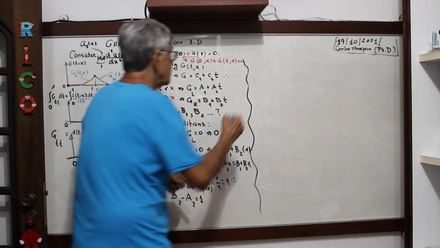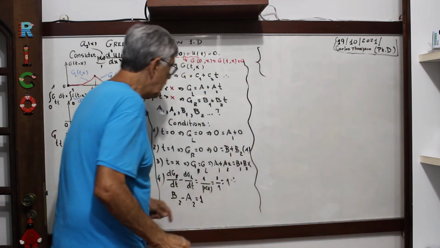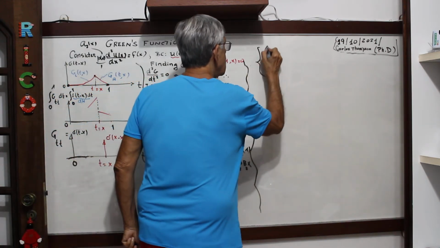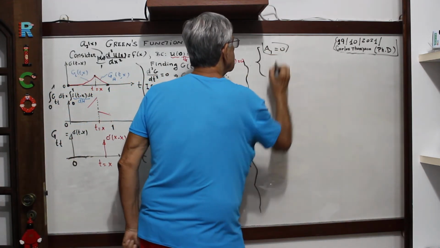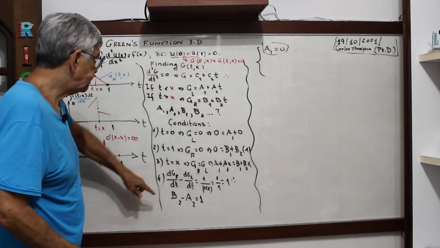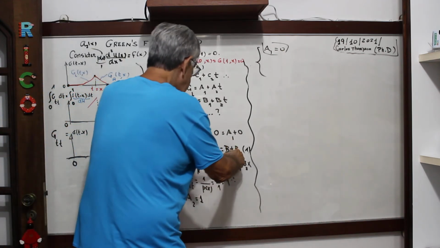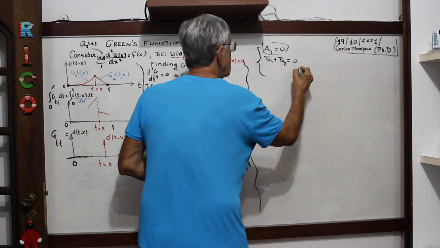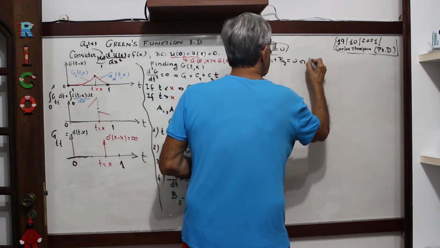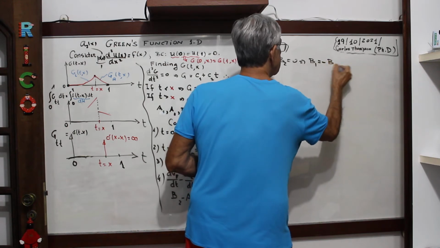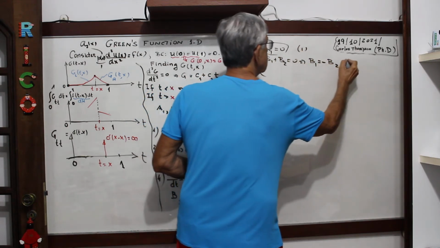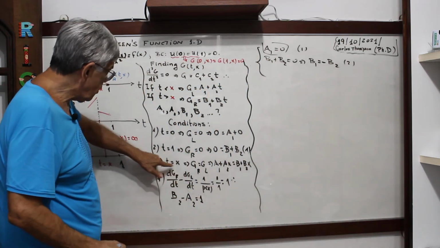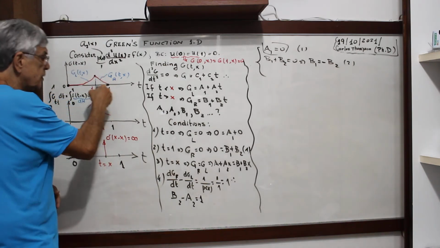Let's solve this. A1 plus 0 is equal 0, so A1 is equal 0. Now here, B1 plus B2 is equal 0, which implies that B1 is equal minus B2. That's the second condition. Let's go to the third one. At t equal x, the function is continuous.